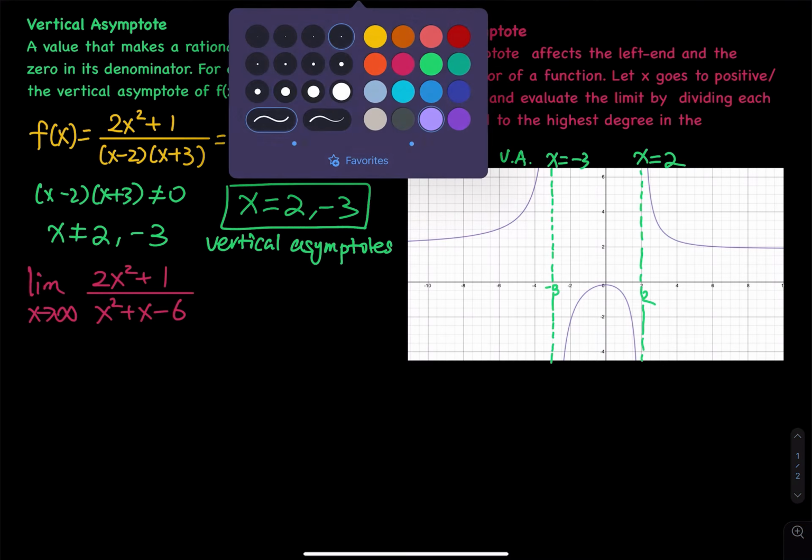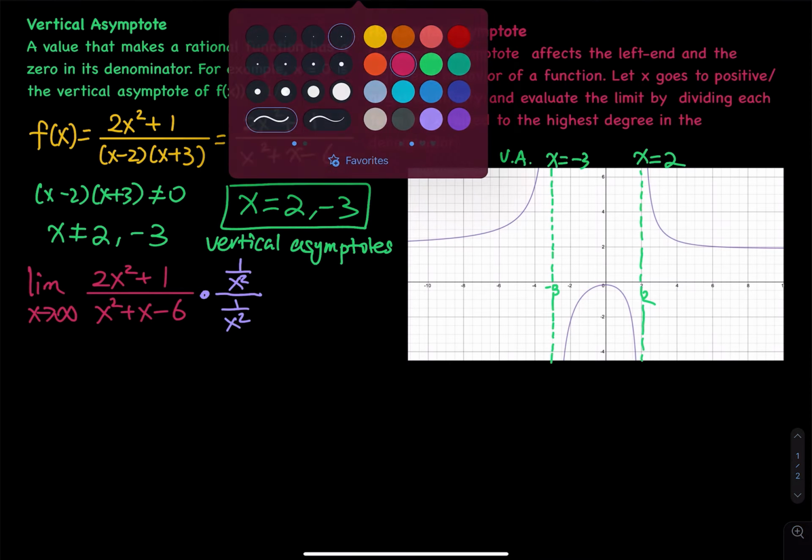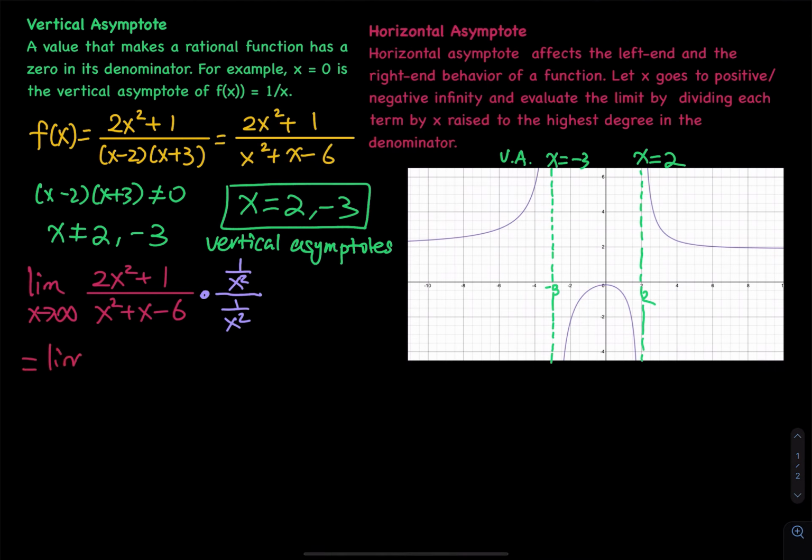So we divide each term by x squared, because second power is the highest degree in the denominator. We have 2x squared divided by x squared plus 1 divided by x squared, over x squared divided by x squared plus x divided by x squared minus 6 divided by x squared.